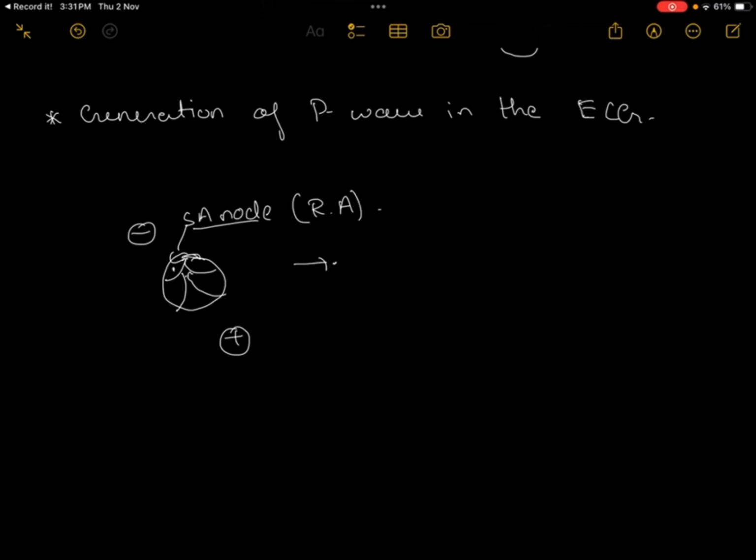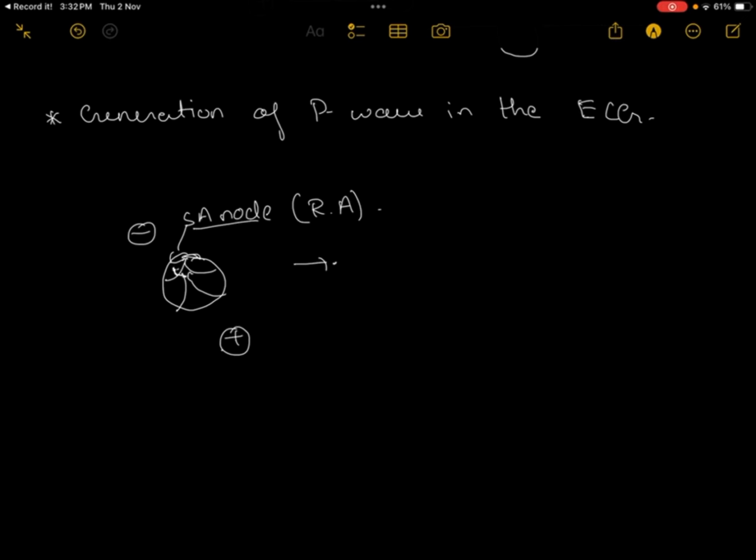So whenever the current passes from the right atrium to the AV node, as I have said earlier, whenever there is a flow of electric current from negative to positive, the impulses are passing in a negative to positive way, because the positive electrode is present near the left ventricle, and the negative electrode is present near the right atrium. So there is a generation of impulses from the SA node, and a transmission of electric impulses from the SA node to the AV node.